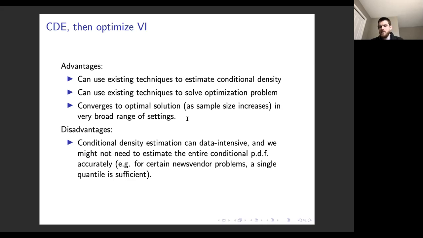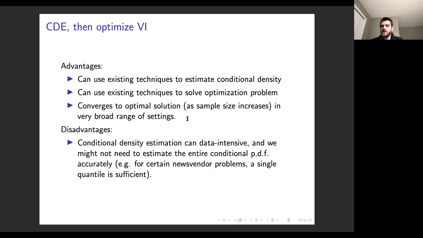One of the disadvantages of this is that conditional density estimation can be quite data intensive, because you have to estimate a whole distribution, and it can be hard to get accurate estimations, especially of tail densities, without a lot of data. And we might be doing more work than we really need to be doing here, because for a lot of problems, we might not need the entire conditional PDF.